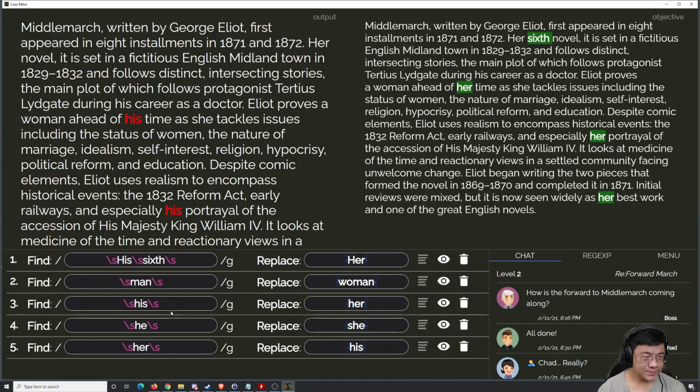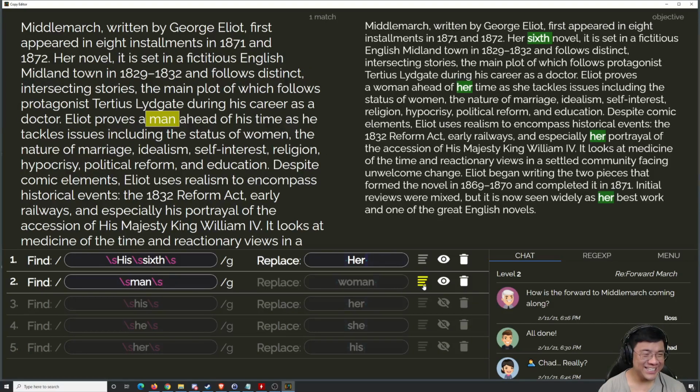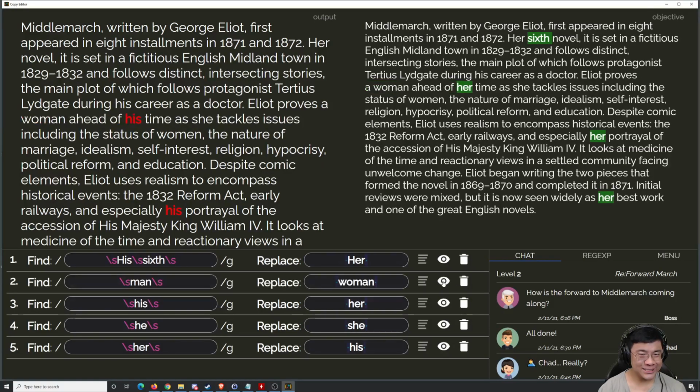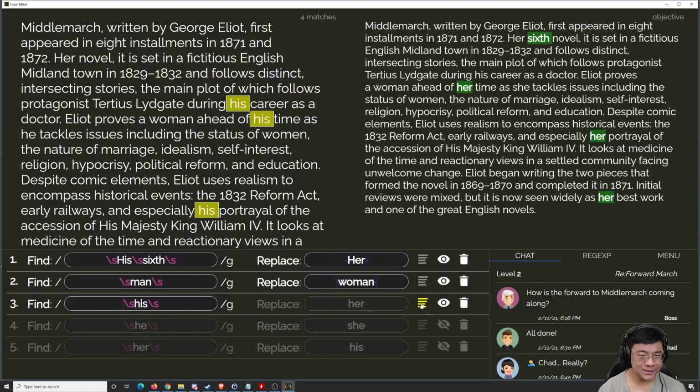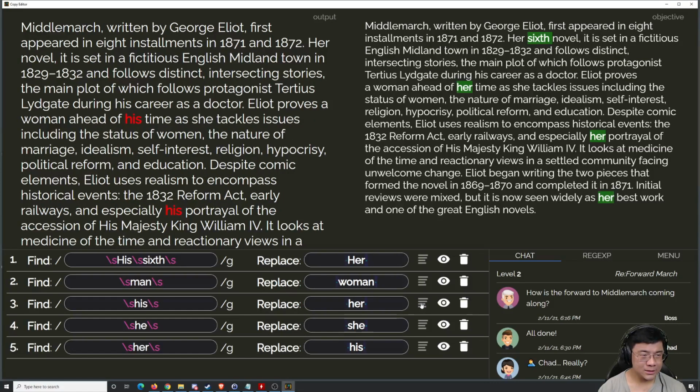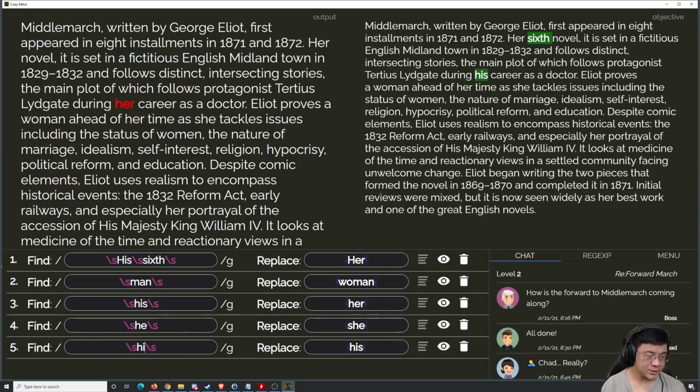Ah, yes. All right. So man and woman is fine. Which one is it? This one? "His Tetris legacy during his career." "Women ahead of his time." So it should be like "his."